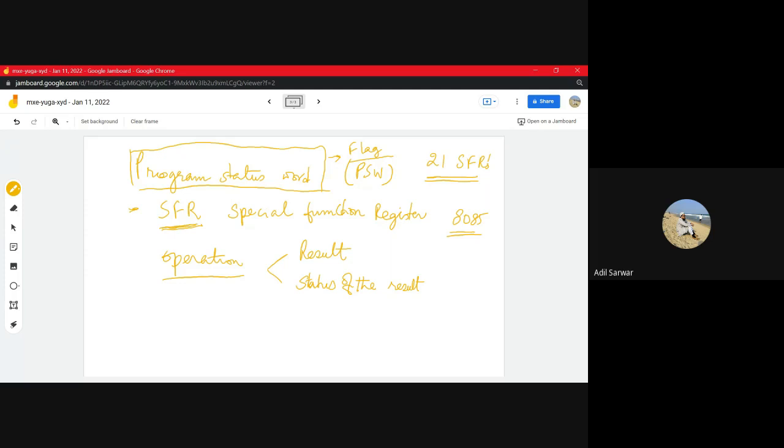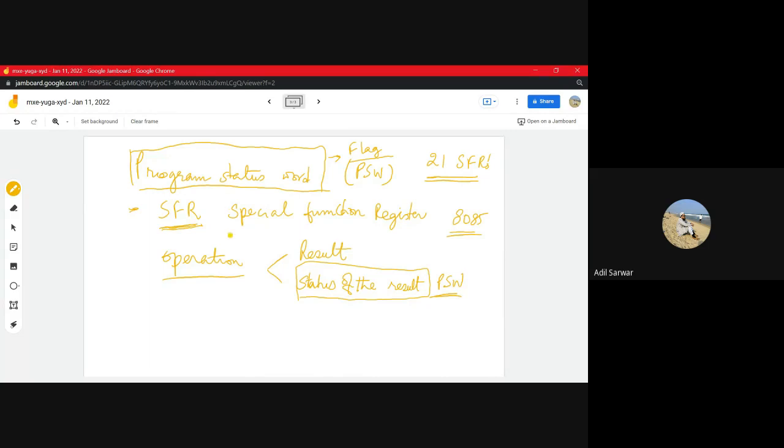Say two 8-bit numbers are getting added, so it may happen that the sum will generate a number which is higher than 8-bit, isn't it? So that means there should be some carry, so that needs to be taken care of. All these things could be seen in the PSW register. And when we look into it in detail, we'll see how it looks.